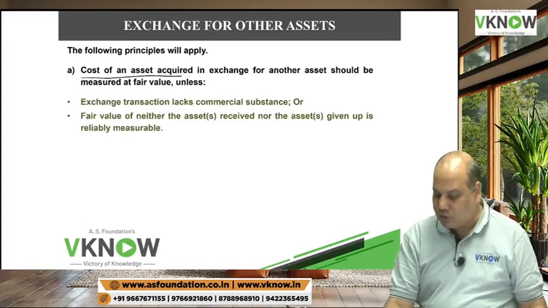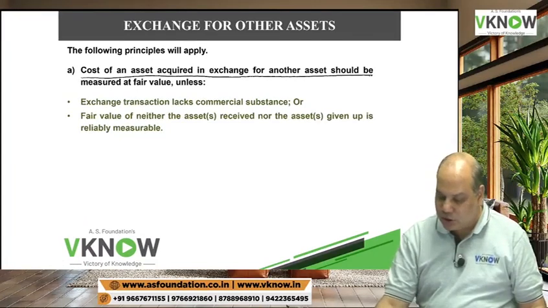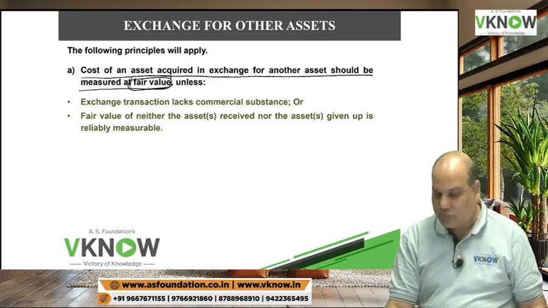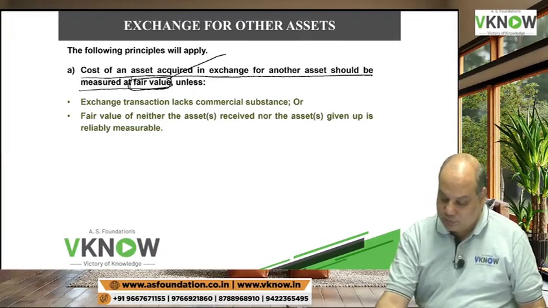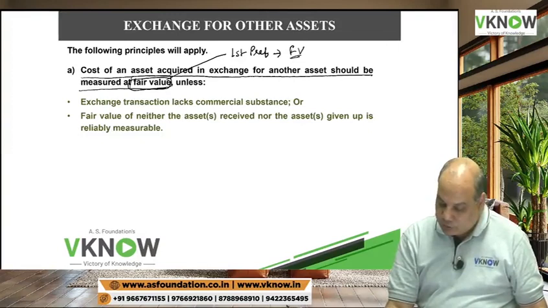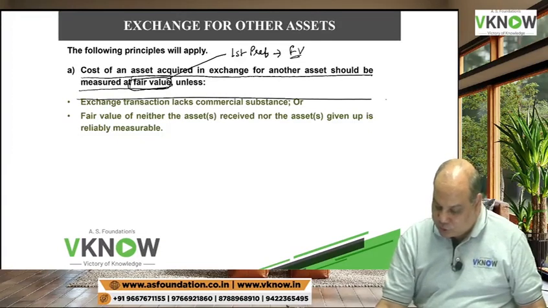The cost of an asset acquired in exchange for another asset should be measured at fair value. So the standard says first preference should be given to fair value. However, these two conditions must also be satisfied.